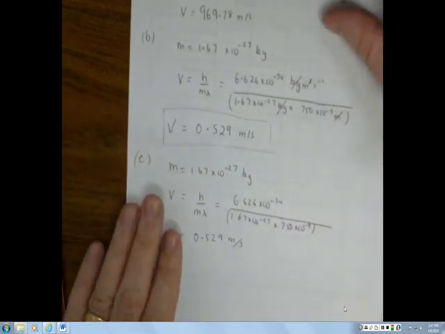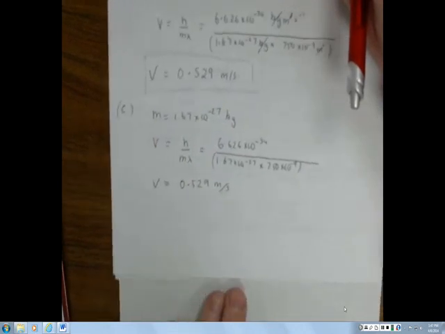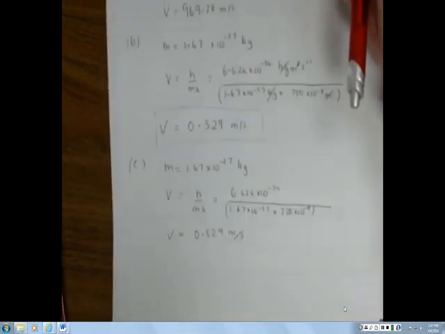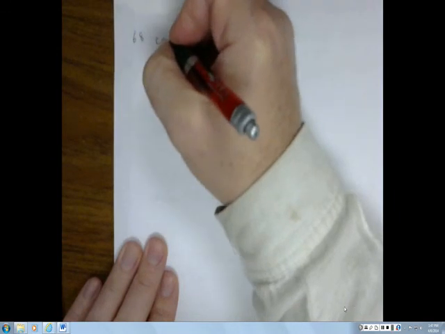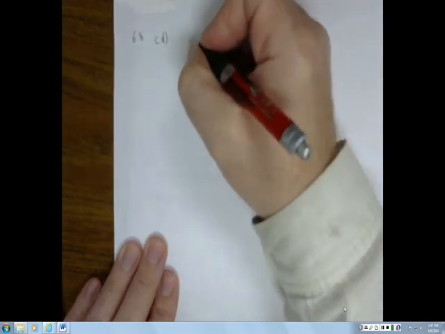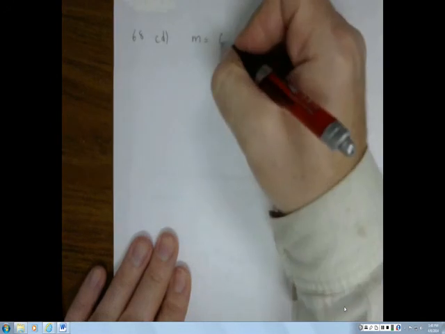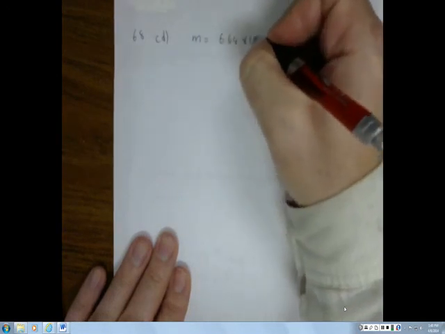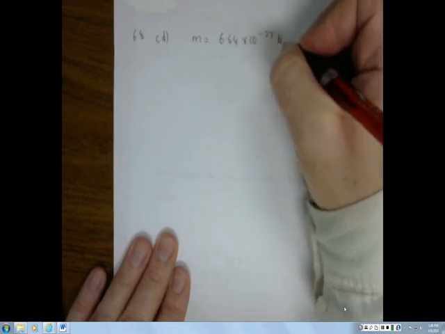All right, the last one, D, it just says a particle, and it gives a mass for it, but it doesn't say what the particle is. So, 68D, and it just says a particle that has mass 6.64 times 10 to the minus 24 grams, so 10 to the minus 27 kilograms.